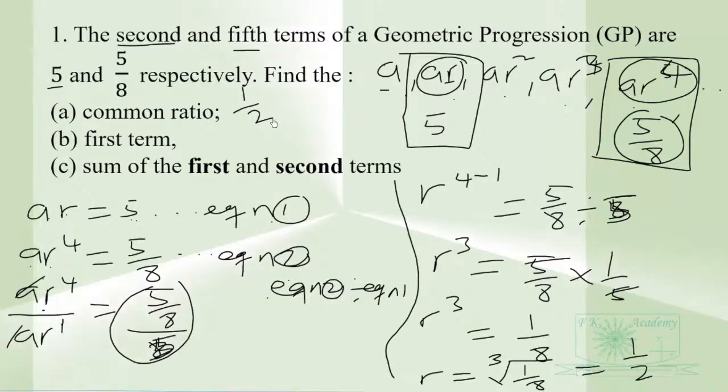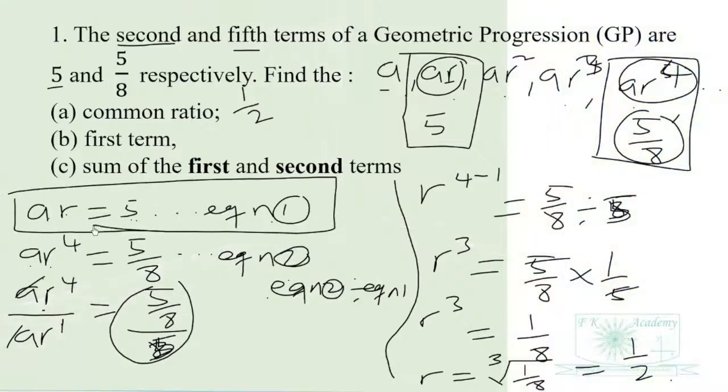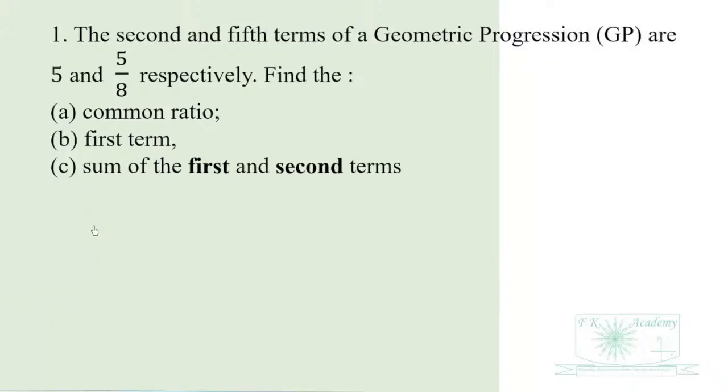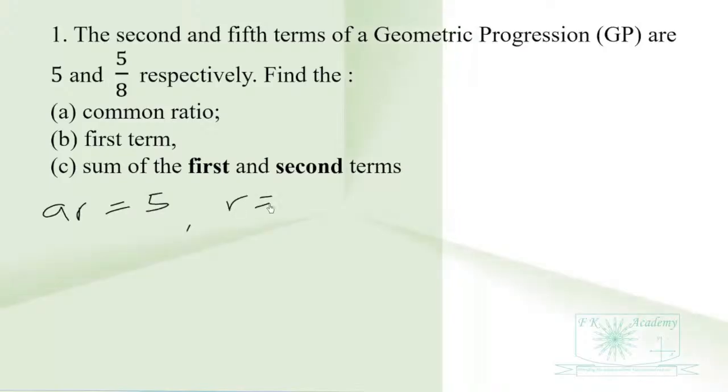The first term. So to find the first term, we can put R equal 1/2 in equation 1. So let's do that. So recall that equation 1 is AR is equal to 5, and we had R to be equal to 1/2.